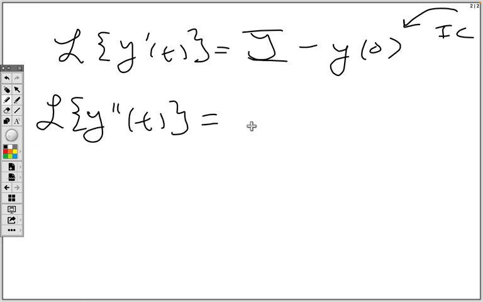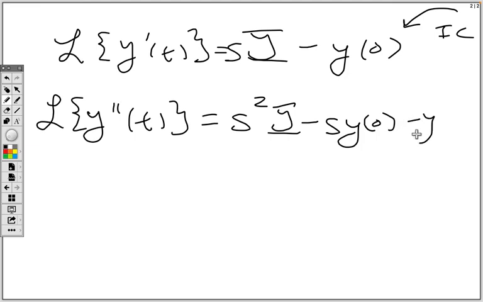So we took the Laplace of y double prime, we applied this formula to y prime, and then applied the derivative formula. Oop, there's an s here, I forgot. It's sy minus y at 0. This is s squared y minus sy at 0 minus y prime at 0. So once again, that's where we have initial conditions.